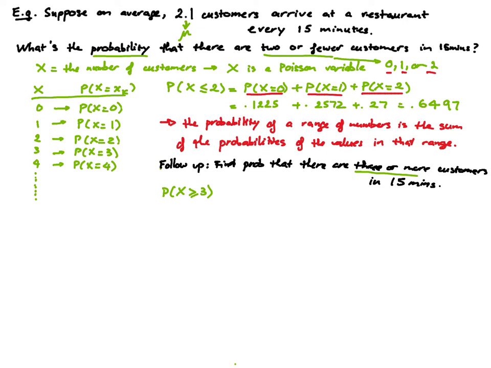Now if we apply the same principle that we talked about in the previous part, then what you want to do is take the probability that x is 3 plus the probability that x is 4 plus the probability that x is 5 plus... And this list never ends because we have an unlimited number of possible values for x.